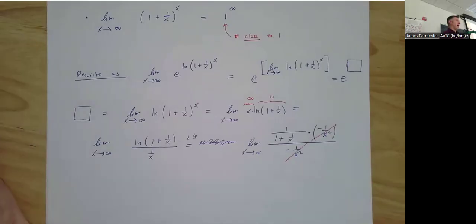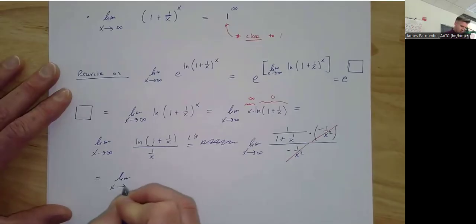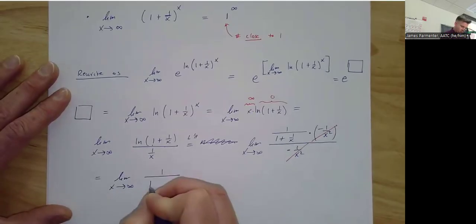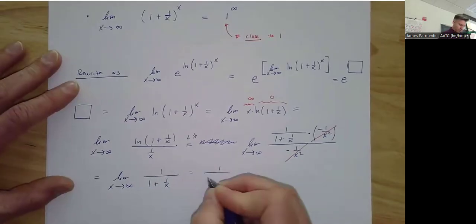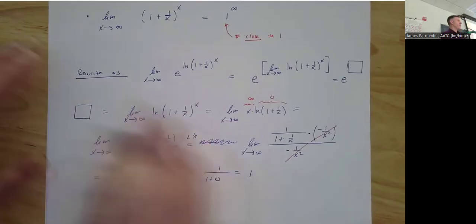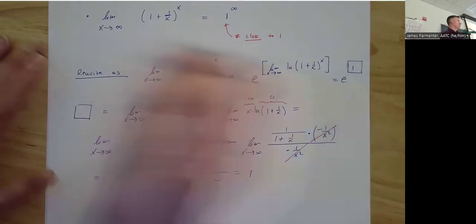It's kind of great. It happens a lot. So now here's what we're left with. The limit as x goes to infinity of 1 over 1 plus 1 over x, which is going to be 1 over 1 plus 0, which is just 1. Which means our final answer is e to the 1.